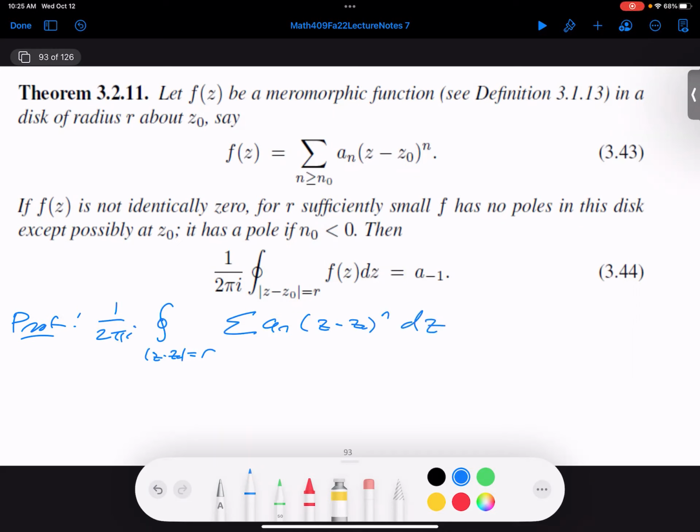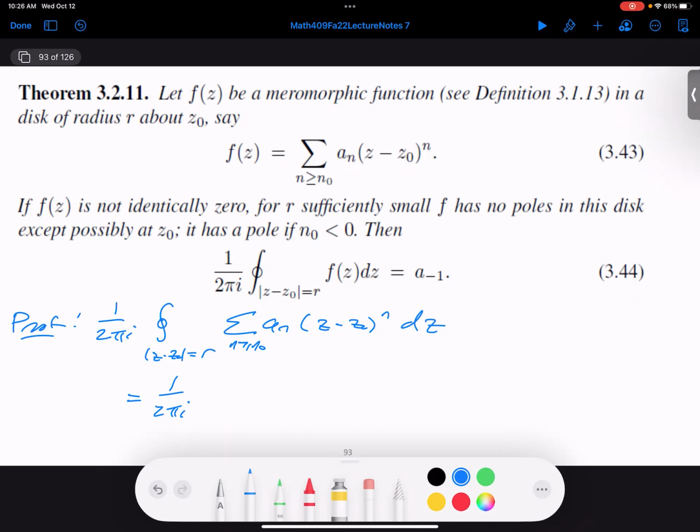We have an integral of a sum. What do you want to do to the integral of a sum? Switch. This is where you need some kind of Fubini's theorem. This is why I was talking in an earlier class about when you are allowed to switch orders.